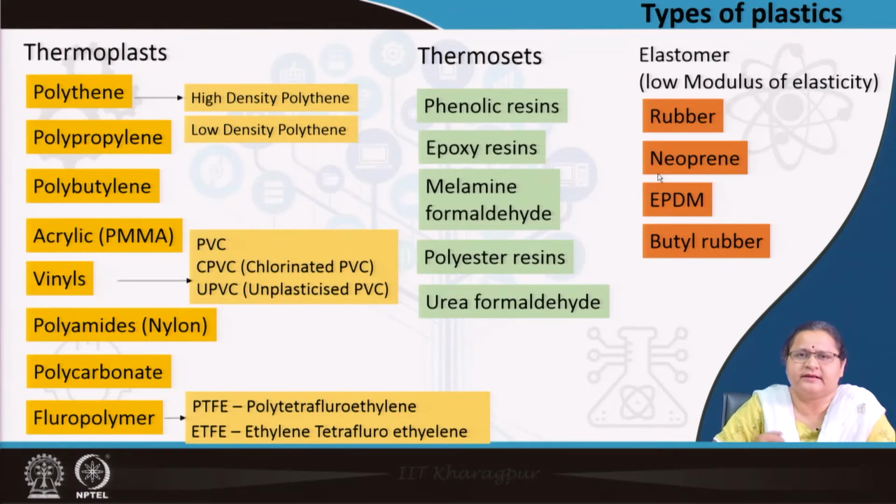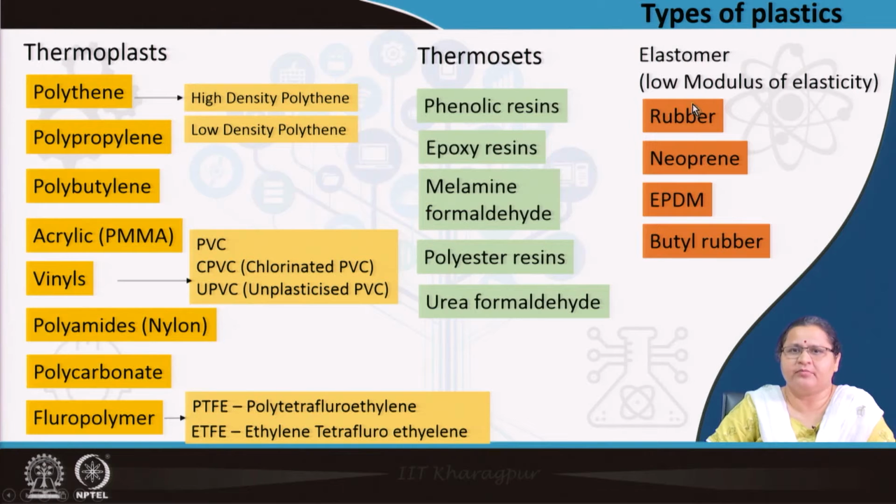So, first let us try to see this slide. Here you see the same names, the thermoplasts, the thermosets, and also there is another in orange what you see here, which has low modulus of elasticity, which is nothing but the elastomers, which is also derived from petroleum.